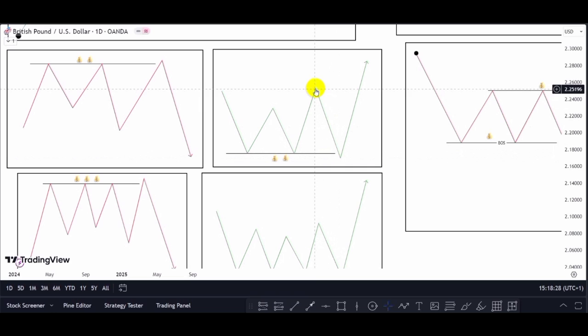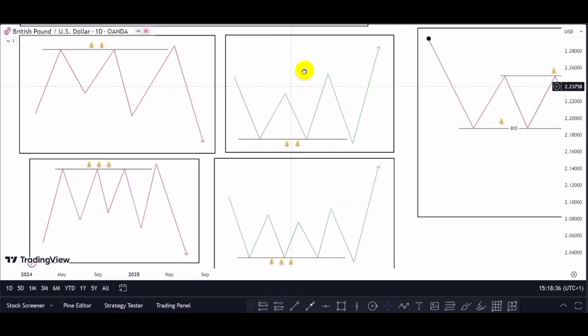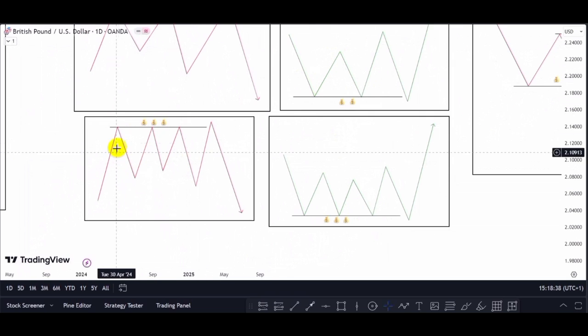And then you would see the institutions raid all the stop losses resting here and push price to the upside. Now in the case of what we call our triple top, it's liquidity resting here. The institutions will purge this liquidity, raid all stop losses resting here, and then push markets to the downside.